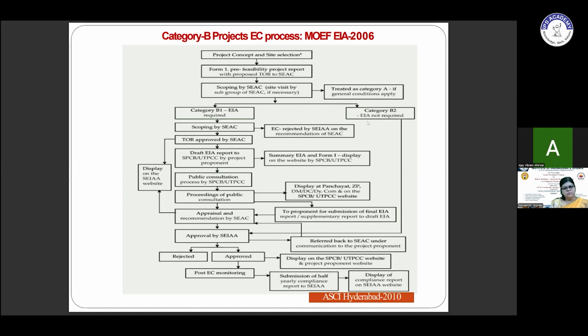After approval also, monitoring of the pollutants is required, and finally display of compliance report on SIA website. So this is the process for category A, and then category B, and then next is environmental clearance process.